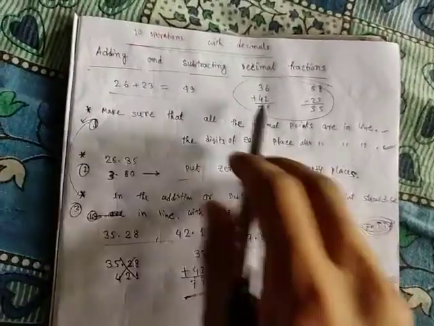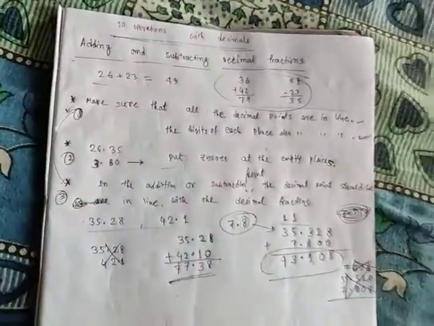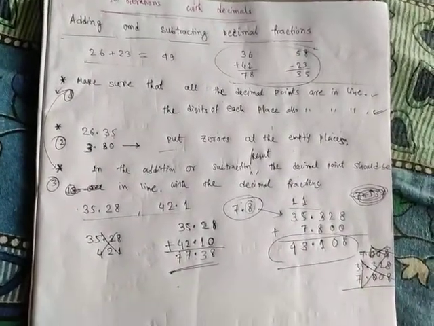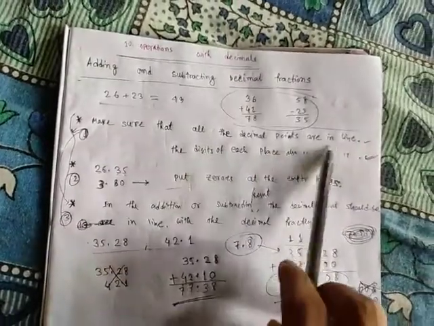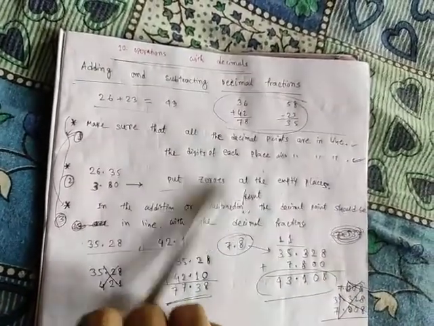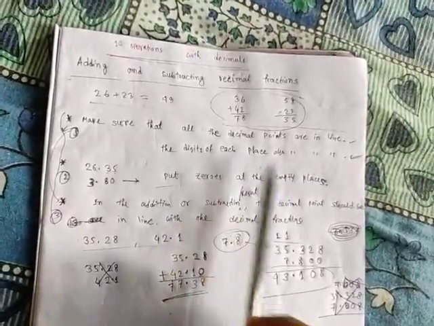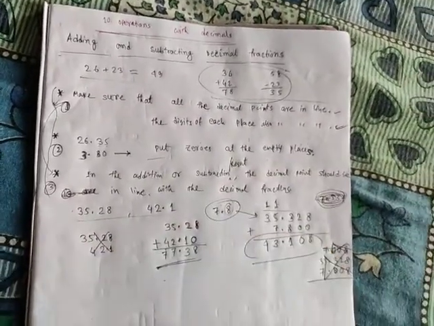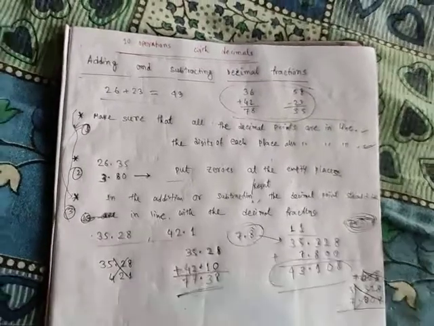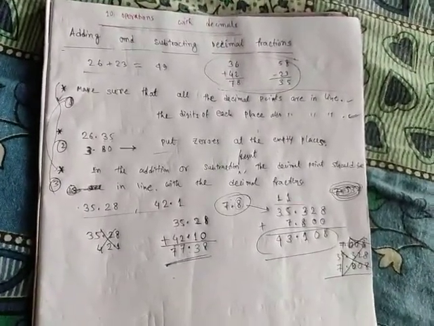Same addition as the addition of whole numbers, but you have to follow these 3 rules. All the decimal points are in line, all the digits of each place are in line, and put zeros at the empty places to equal the number of digits.